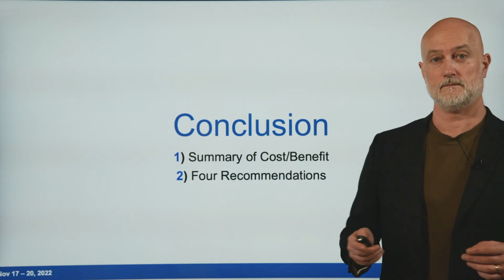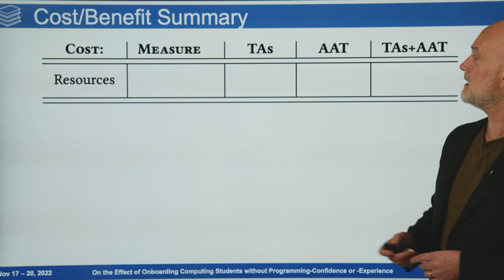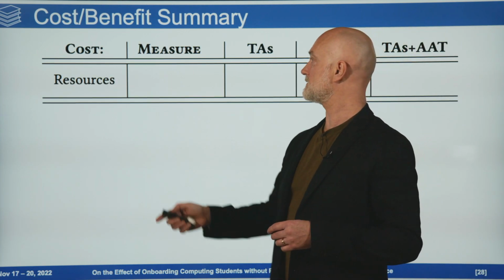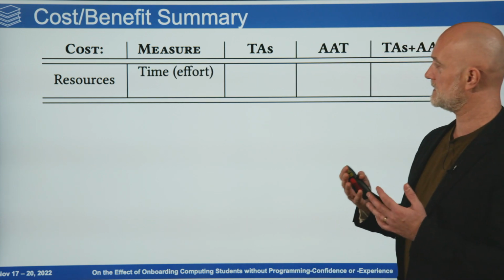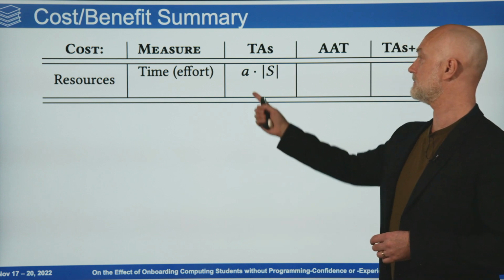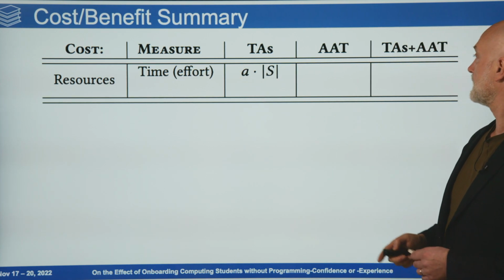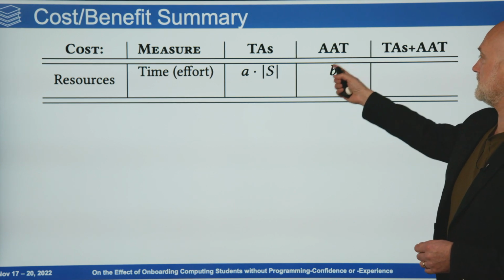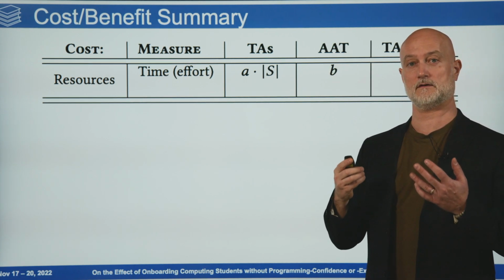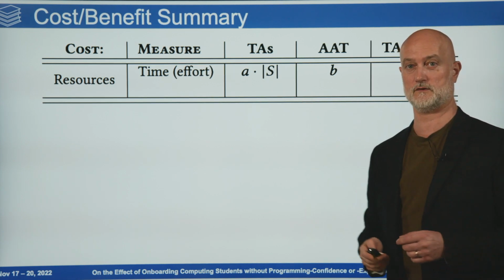Now for the conclusion, here is the cost-benefit summary. Here are the costs in terms of resources, measured in time or effort. Under the TA condition, we have a number proportional to the number of students. For automated assessment, there is a constant cost, ideally independent of the number of students.